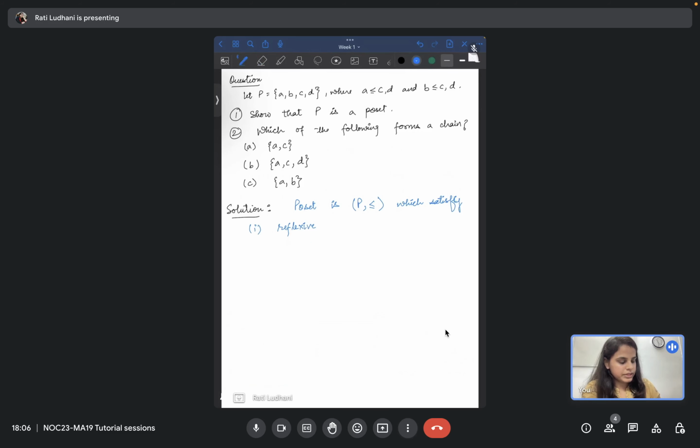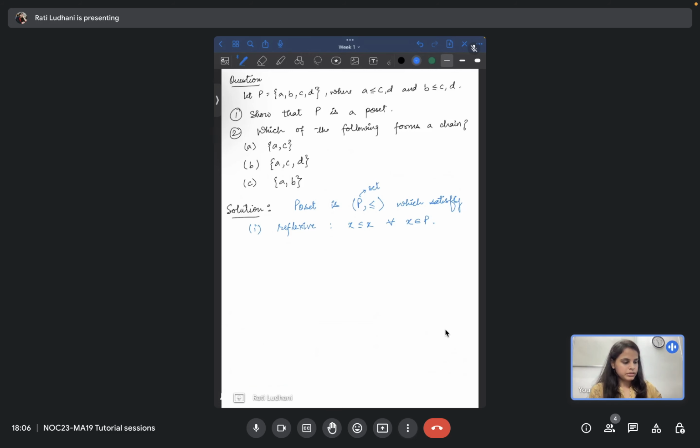So reflexivity is: for every x, x is less than or equal to x, for every x belonging to P. P is just a set, a collection of elements, so for every x, x is related to x itself. That relation should be there.